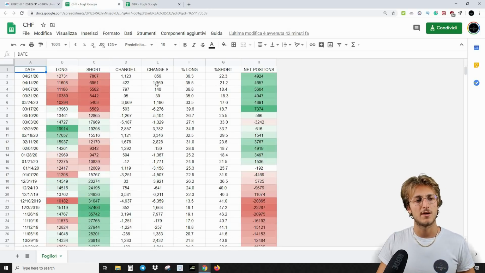Now, if we see what we have from a CHF perspective, we can see that overall net positions definitely increased a little bit with the last report from 4.6K to 4.9K, with some longs opened, bringing long positions from an institutional level to 12,731, and shorts also opened a little bit to 7,807. So CHF is getting a little bit stronger and GBP is definitely getting weaker.